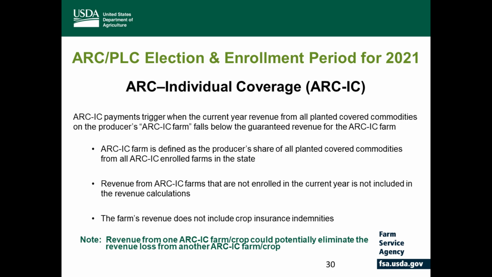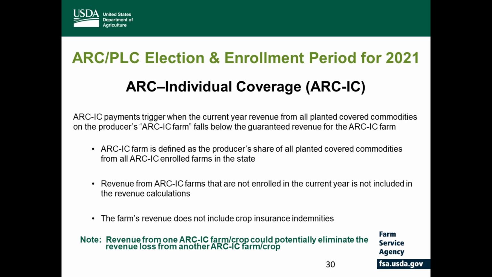So ARC payments are going to trigger when the current year revenue from all planted covered commodities on the producer's ARC-IC farm falls below the guaranteed revenue for the ARC-IC farm. When we talk about an ARC-IC farm, it's defined as the producer's share of all planted covered commodities from all ARC-IC enrolled farms within the state.